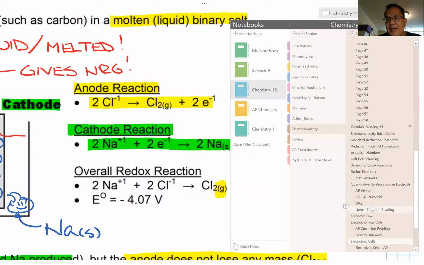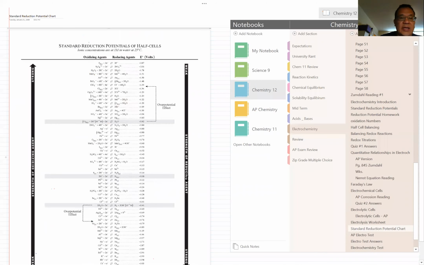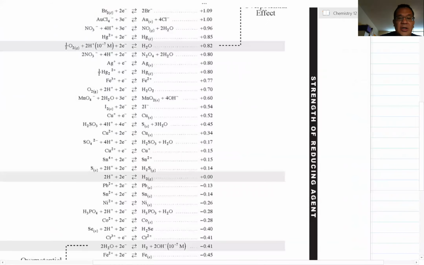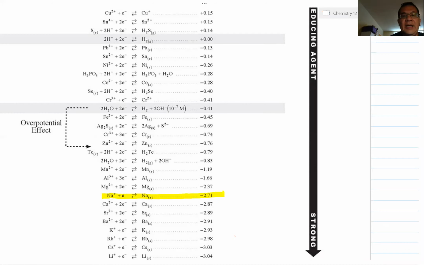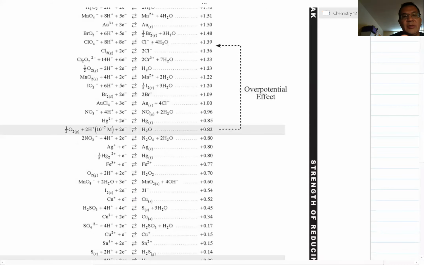Well, it goes back to our standard reduction potential table. We look at sodium undergoing reduction, which is minus 2.71, and chlorine undergoing oxidation, which is 1.36.